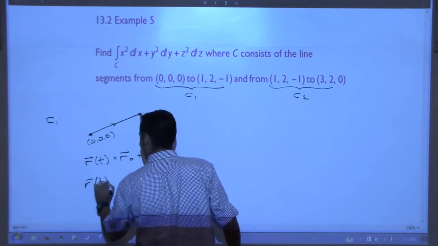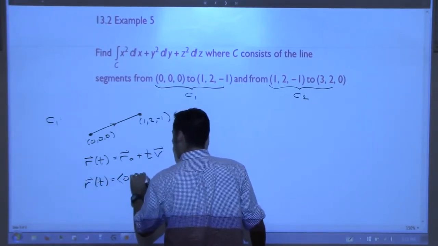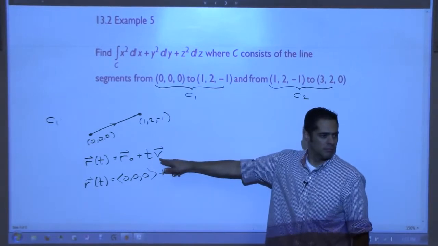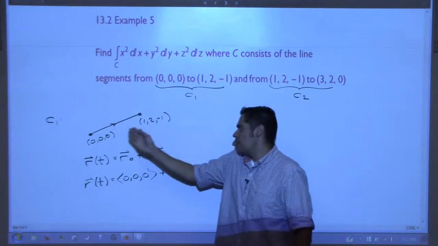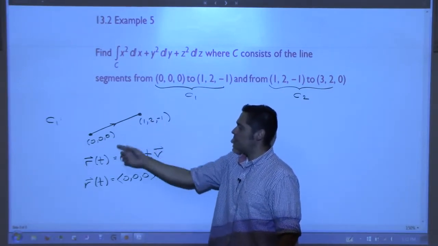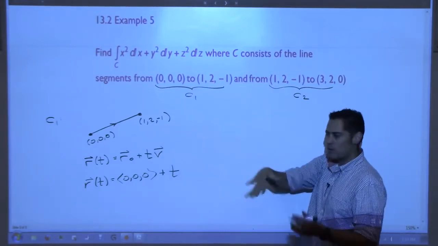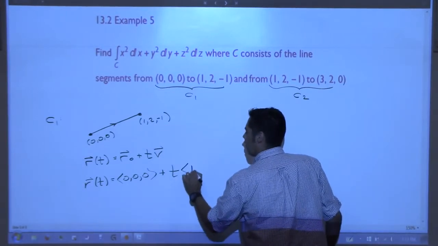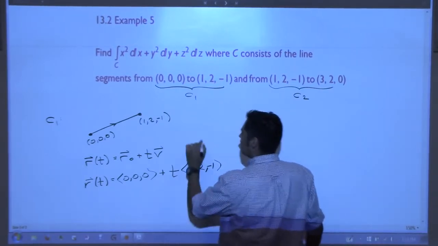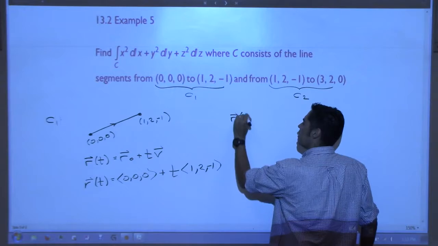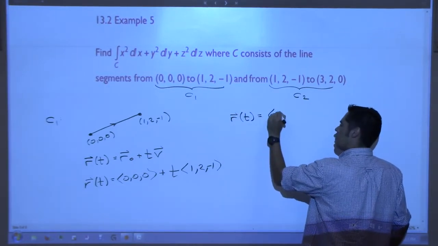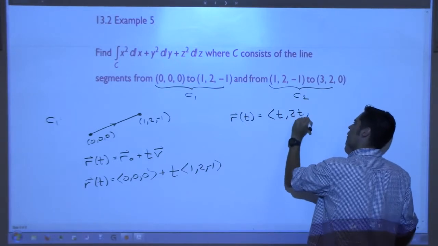So r(t) equals (0, 0, 0) plus t times the direction vector. It's the vector that goes from here to here, so you subtract 1 minus 0, 2 minus 0, negative 1 minus 0. So it's just that point written as a vector, (1, 2, -1). And this just turns out to be r(t) equals (t, 2t, -t).